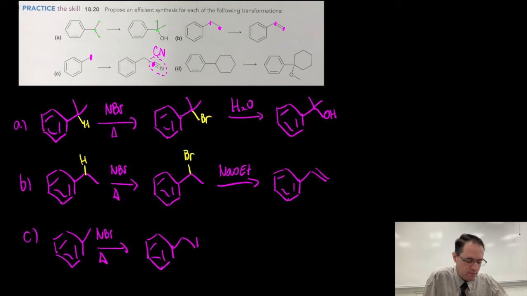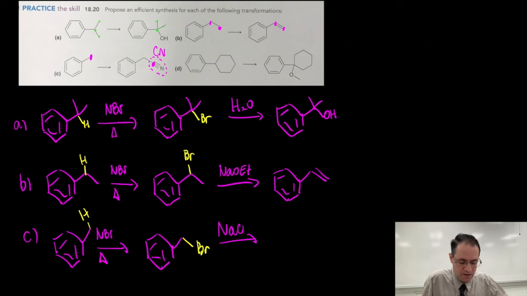Once you have benzyl bromide, I'll use the yellow here to highlight the changes in the functional group once again. So here's a benzylic hydrogen. I'm changing that to a benzylic bromide. And then I can treat this with sodium cyanide as you saw before with my example.